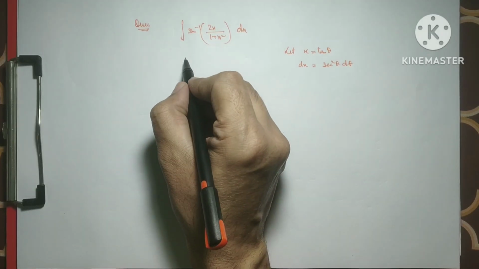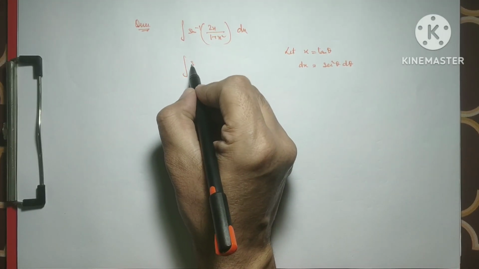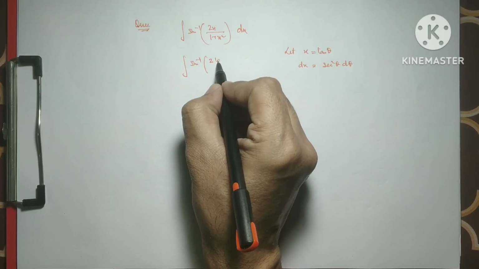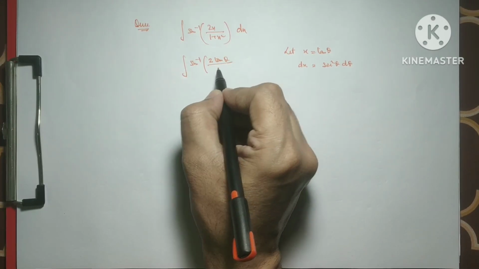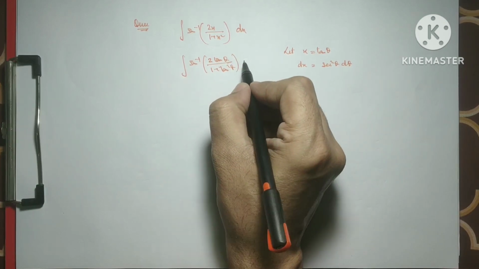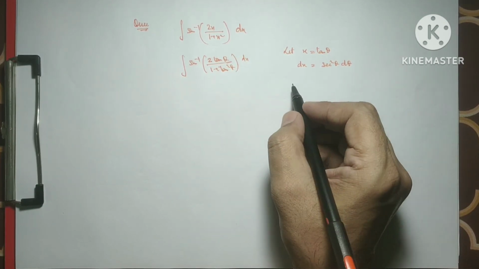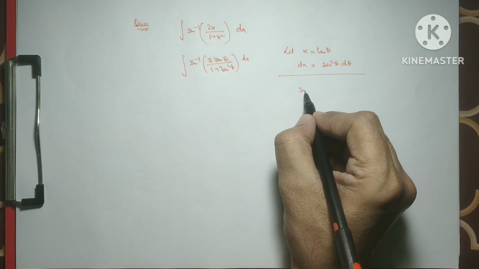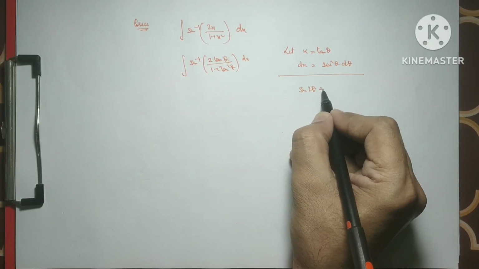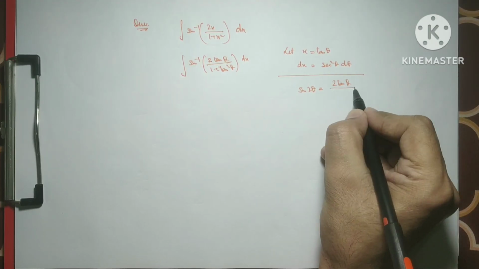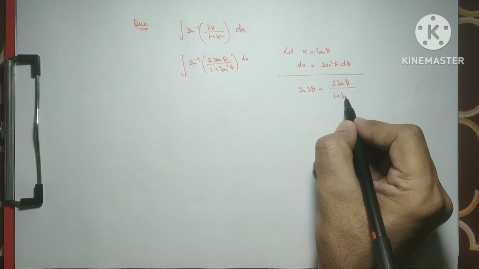Now we put this value in this expression. We have sine inverse 2 tan theta over 1 plus tan square theta, and by trigonometry, sine 2 theta in terms of tan theta is 2 tan theta over 1 plus tan square theta.